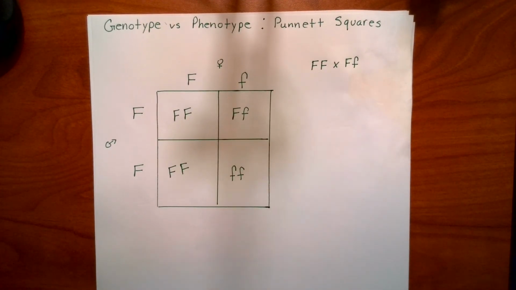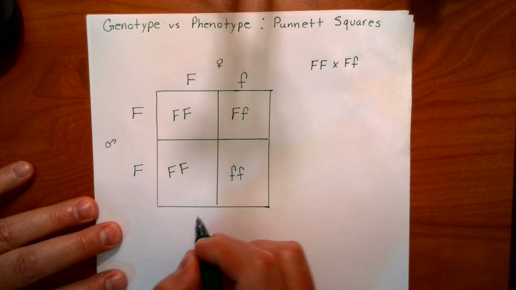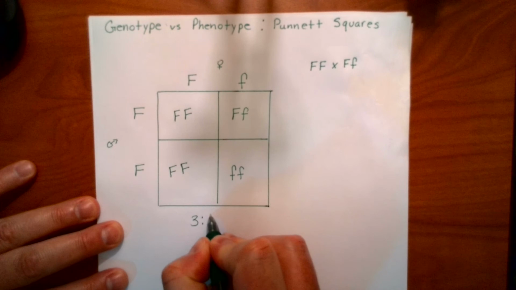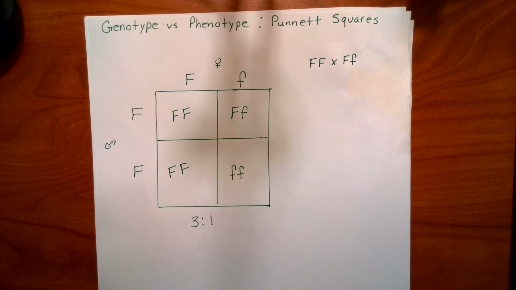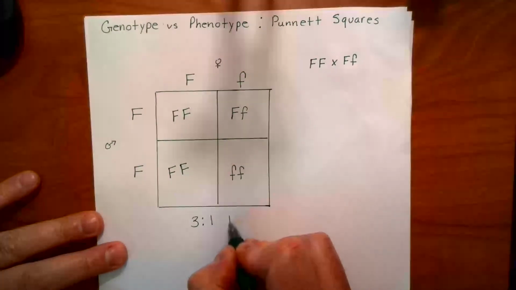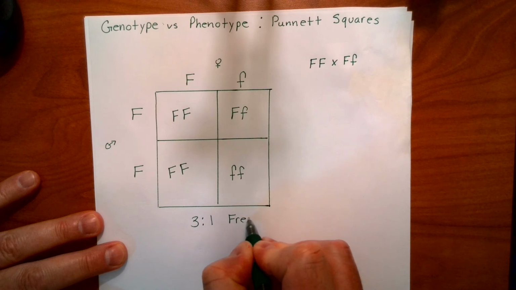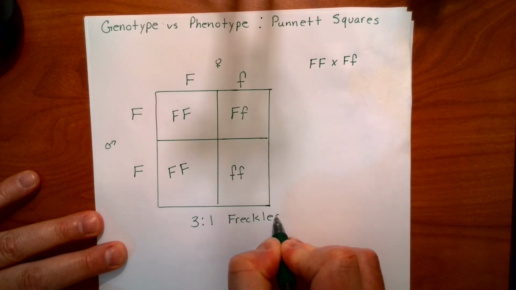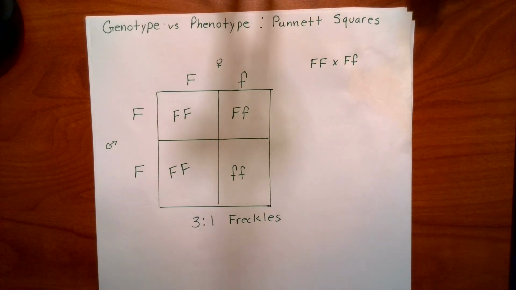So the ratio is 3-to-1 that the individual would have freckles. And that's how we do a Punnett square.